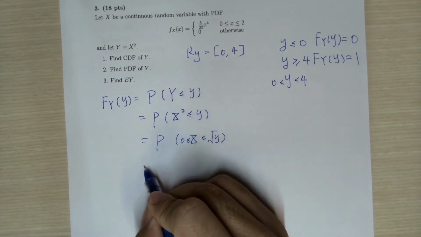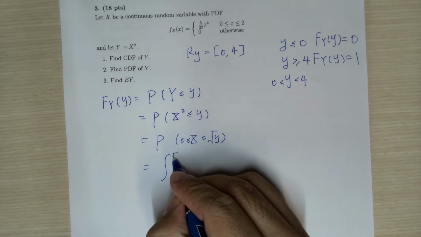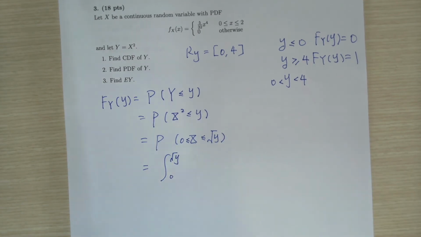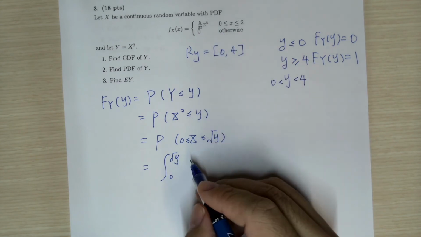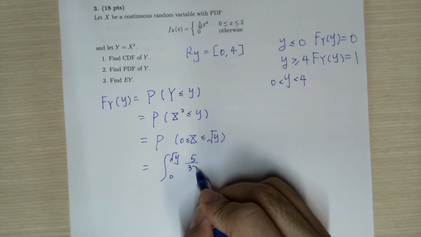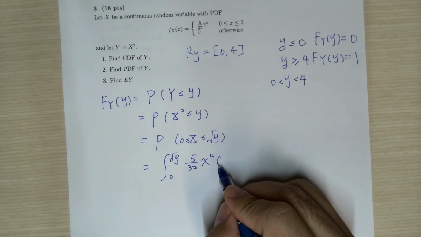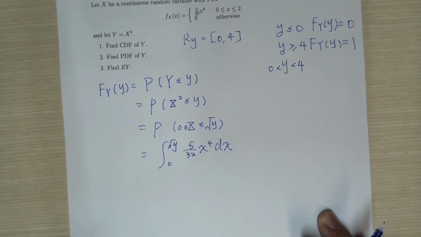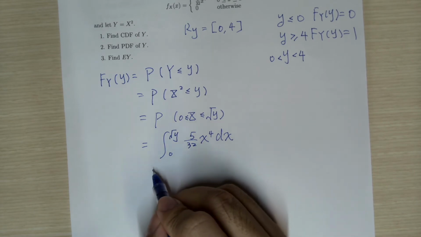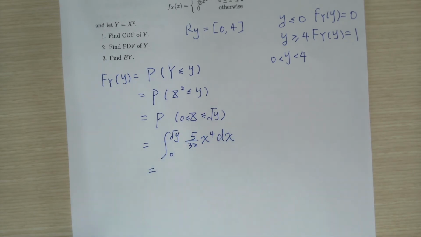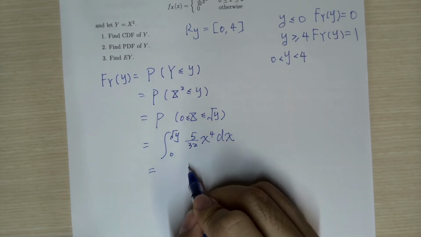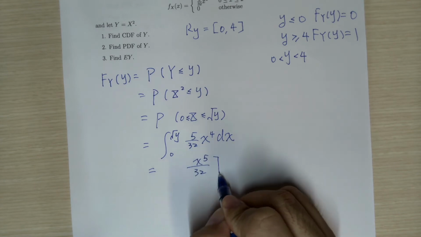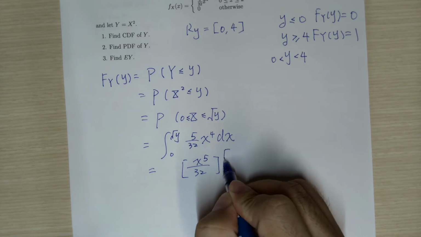So this is a probability. It's from 0 to square root of y, and remember, this is the integration of the PDF: 5 over 32 x to the power 4 dx, right? You can easily derive this. That gives us x to the power 5 over 32 from 0 to square root of y.